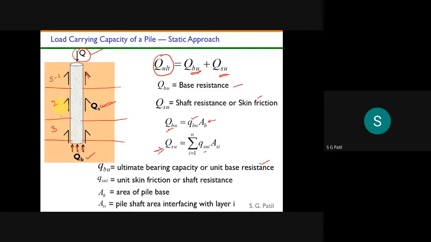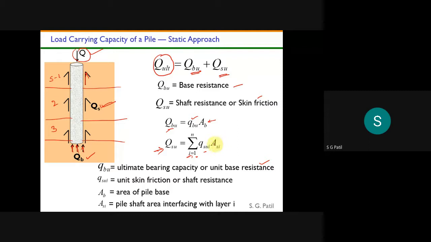Here we have three soil profiles, and each will have different properties. So you have to add the skin friction of this layer, this layer and this layer. That's why this summation sign is there, with i going from 1 to n, where i is the number of soil layers, of small qsui into ASI.